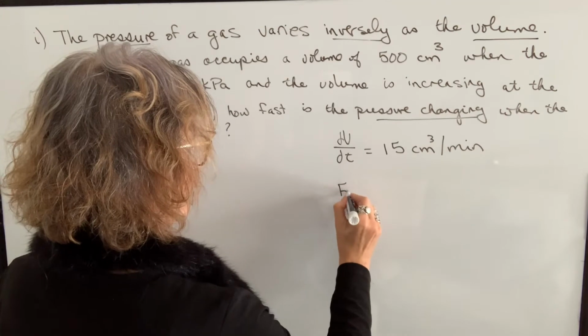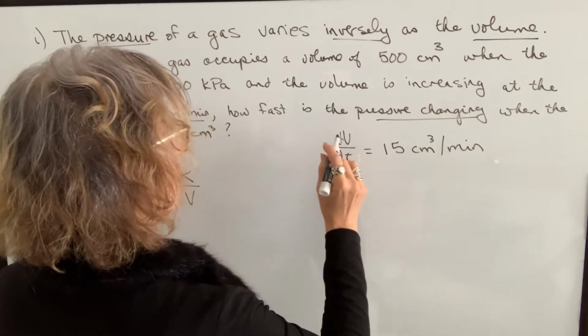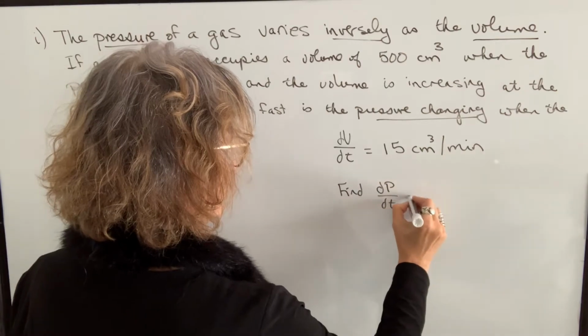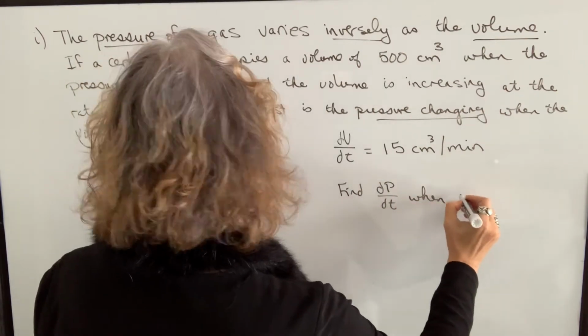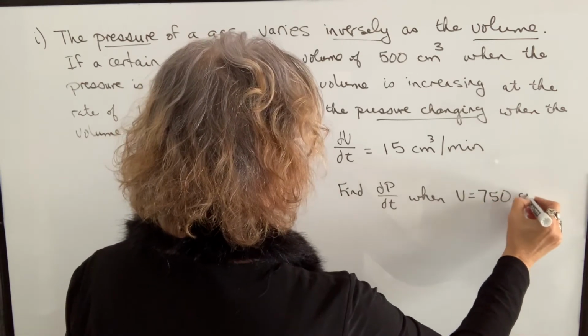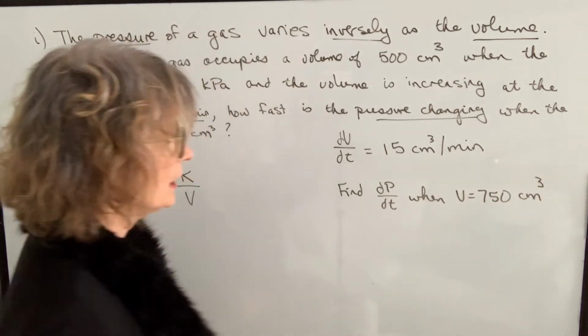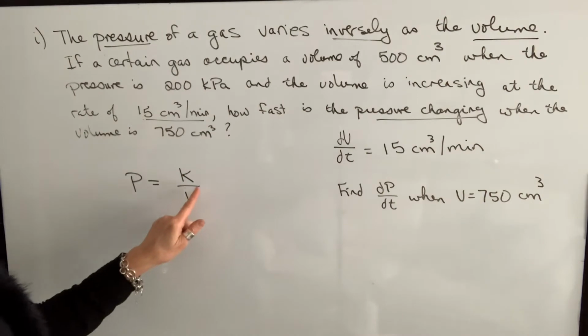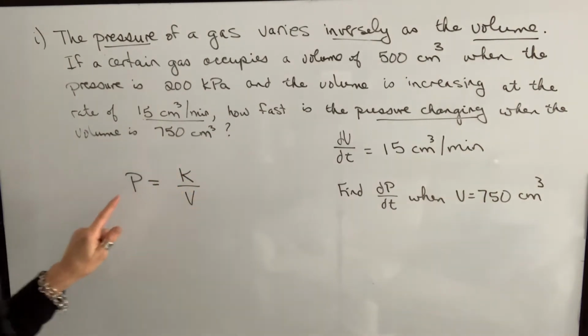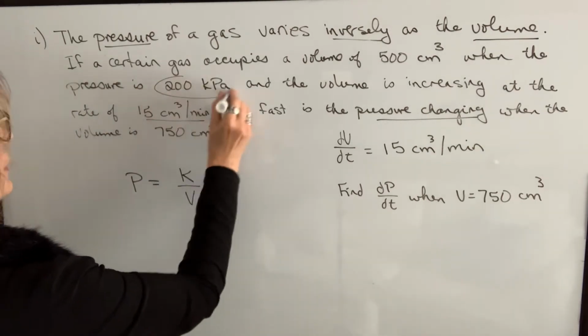And it's asking us to find how fast the pressure is changing, so dP/dt, when the volume is 750 cubic centimeters. Now, before we start this question, we need to find this constant, and that's where we're going to use this information here.